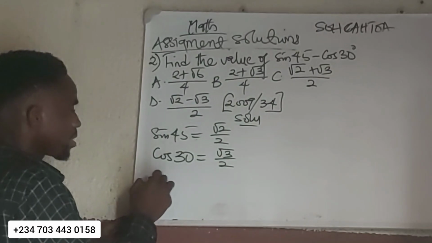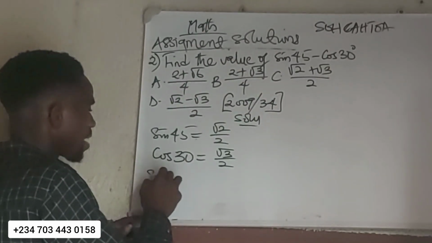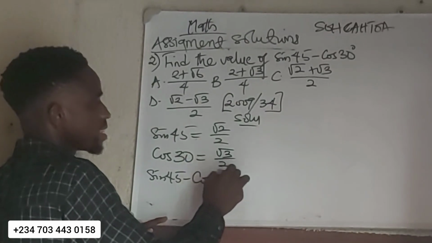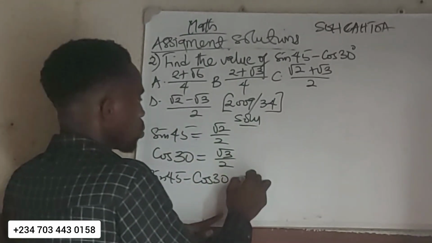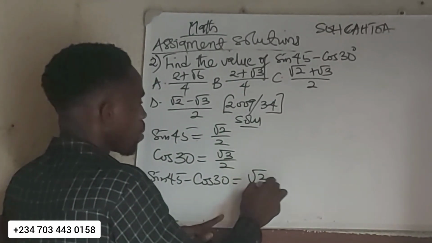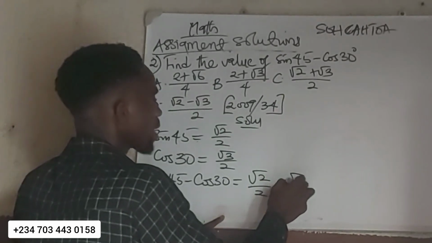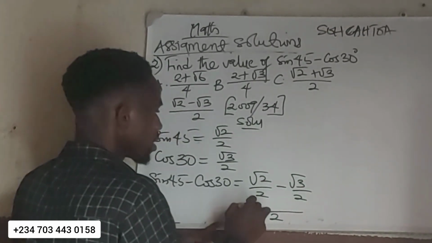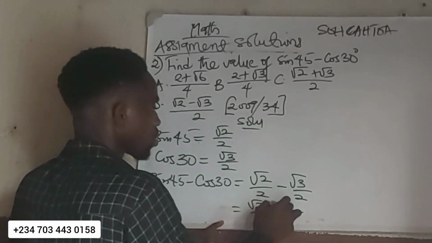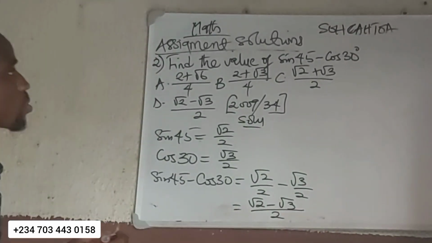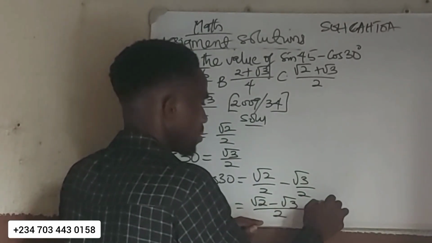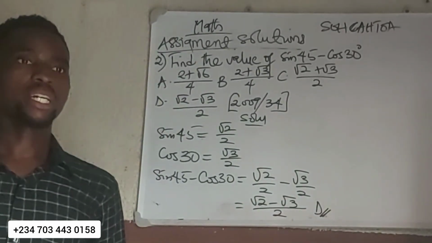So to solve sine 45 minus cos 30 is going to be root 2 upon 2 minus root 3 upon 2. LCM is 2. This is root 2 minus root 3, right? So we are having option D immediately. That's very simple. Then let's solve the next one.